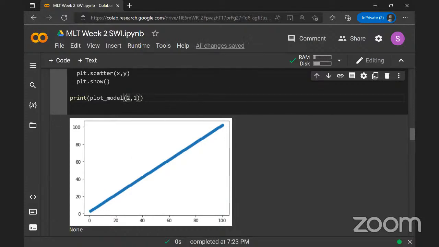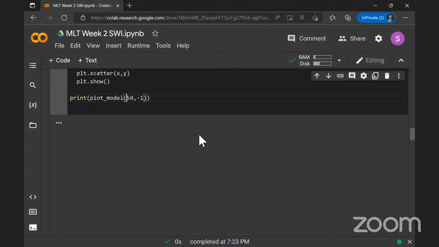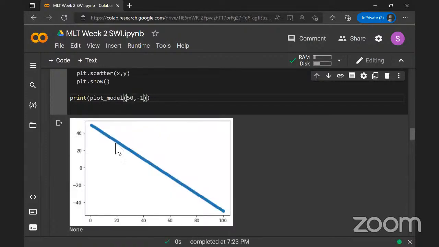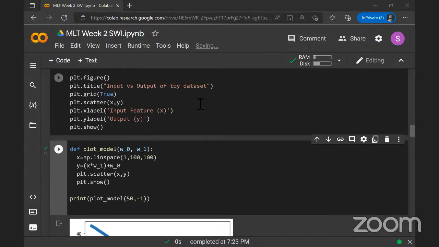Let's try it with some other lines. Maybe let's say -50 with negative slope. Okay, it works fine. It has negative slope and it starts with 50. Y-intercept is okay. So our function works well.